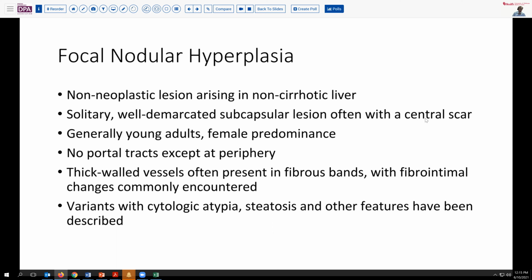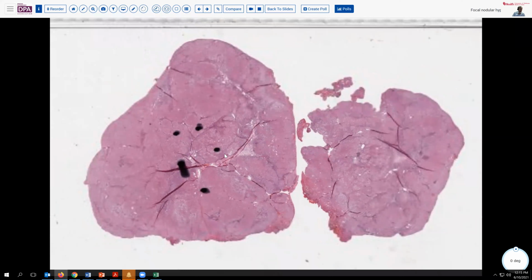Well, in an otherwise healthy patient, you want to think about this lesion because it's not going to be cirrhosis, it's more likely to be focal nodular hyperplasia. This does have a female predominance, and the vessels can be fairly thick with some degree of fibrointimal changes and so forth. There are variants which have atypia, and certainly steatosis also can be seen in these lesions, oftentimes without any surrounding steatosis.